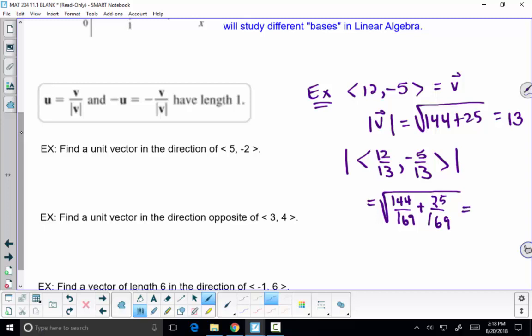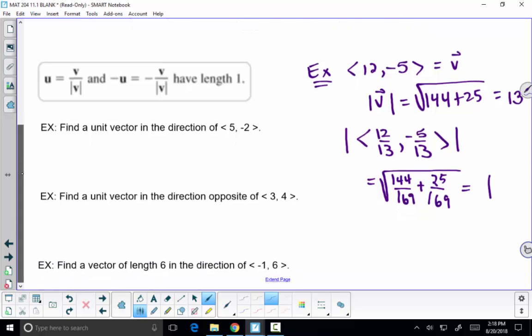We add that together, we get 169 over 169, which is 1. So we've created a vector of length 1. We haven't changed the direction because we multiplied by a positive 1/13. When you multiply by a positive number, you're not changing the direction of the vector, you're just changing the length of the vector. So that's how we are going to take a vector that's not a unit vector and turn it into a unit vector. We just divide each component by the length of the vector.